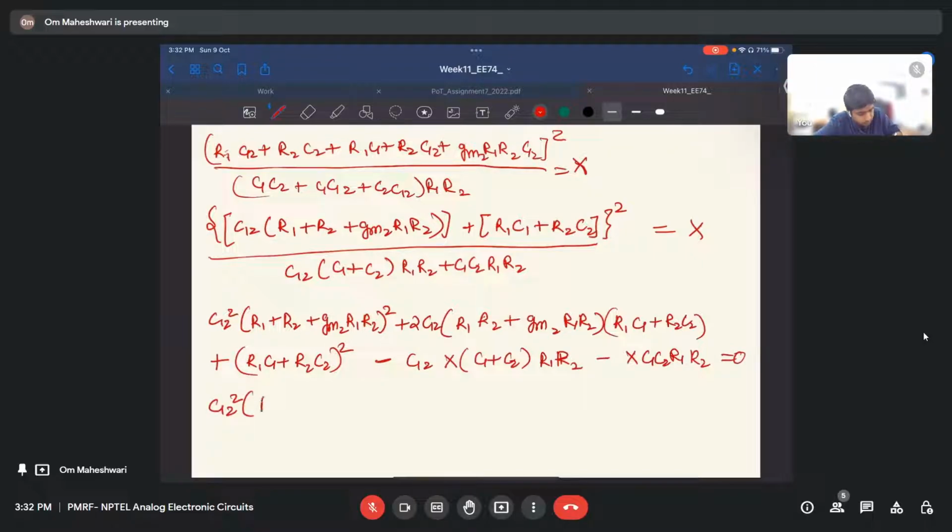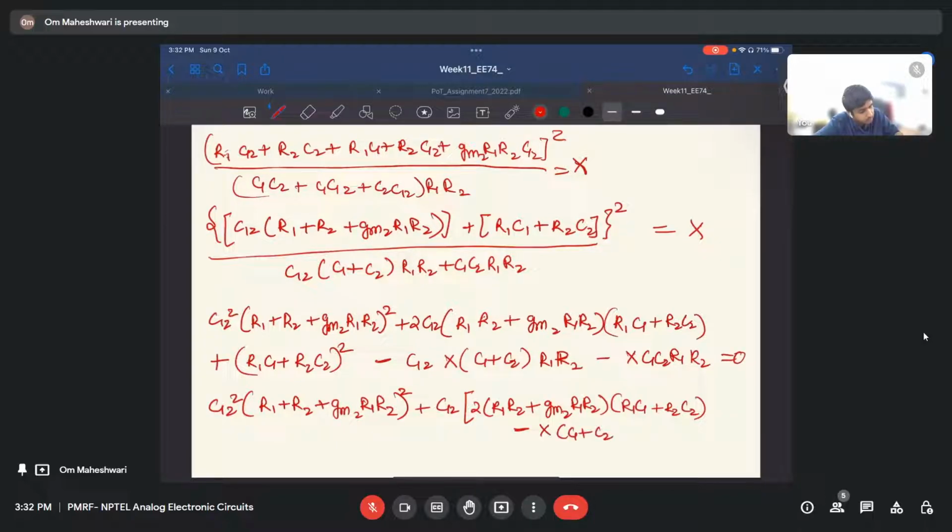C12 square times (R1 plus R2 plus GM2 R1 R2) whole square, plus C12 times [2 R1 R2 plus GM2 R1 R2, R1 C1 plus R2 C2, minus x (C1 plus C2) R1 R2], minus x C1 C2 R1 R2 equals 0.